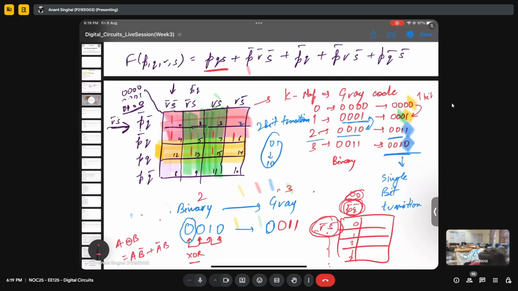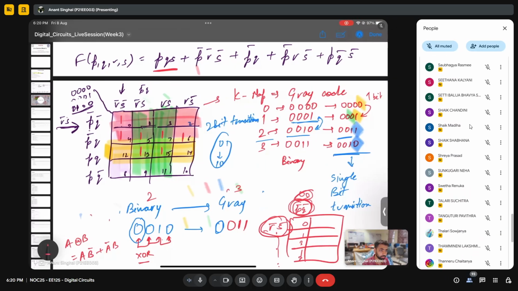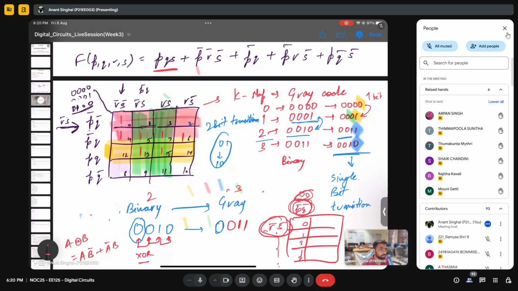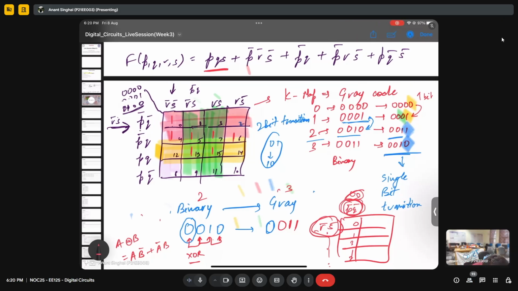So I've filled it with 1. The next term is P bar R S bar. P bar we have already covered. Then R S bar. Who is opening their mic again and again? Please mute yourself. It is creating a lot of distraction. So P bar R S bar: P bar is these two, and then R S bar is this. So here it would be 1, 1.